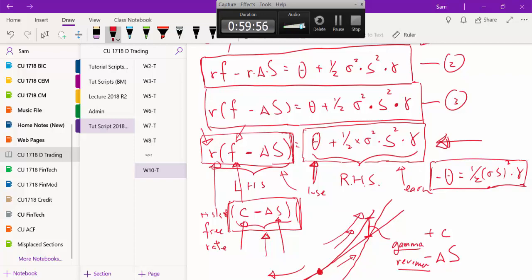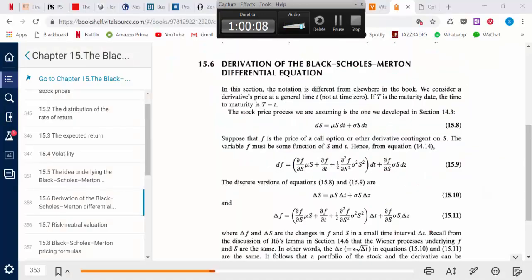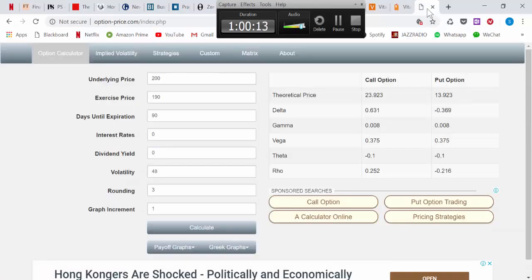In the end, ladies and gentlemen, and I raised this question last week, I asked you, when you are paying for an option, like our old friend optionprice.com. So you have an option here. The underlying price is 200. The exercise price 190. Is a 3-month option. You are taking out $24 from your pocket to pay for it.